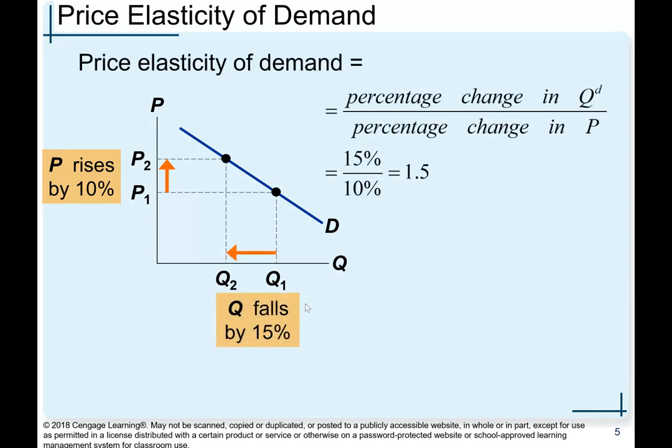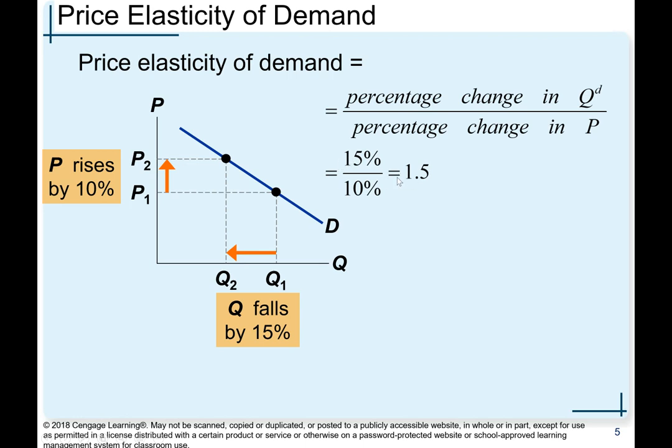Price elasticity of demand is calculated as the percentage change in quantity demanded divided by the percentage change in price. From this graph, you can see that price rises by 10%. That is what goes in the denominator. And quantity falls by 15%. That is the numerator.